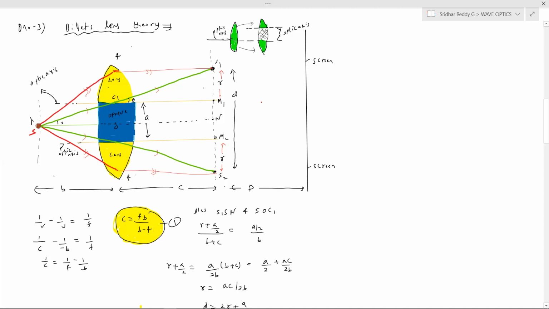Now, a ray of light is emitted by the source. It will emit light in all directions as it is a point source. A ray of light passing through the lens will undergo refraction and reach a point S1, and another ray will pass through the optic center.